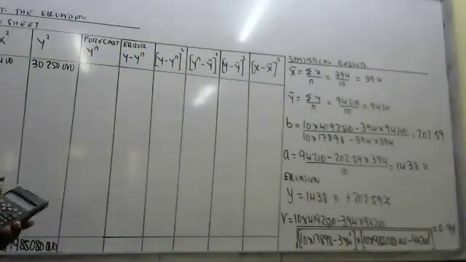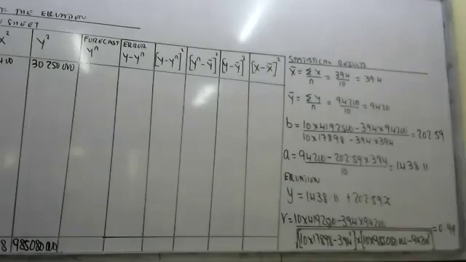Let me try again. 10 times 985,080 minus 94,200 square. That's still giving me a negative.